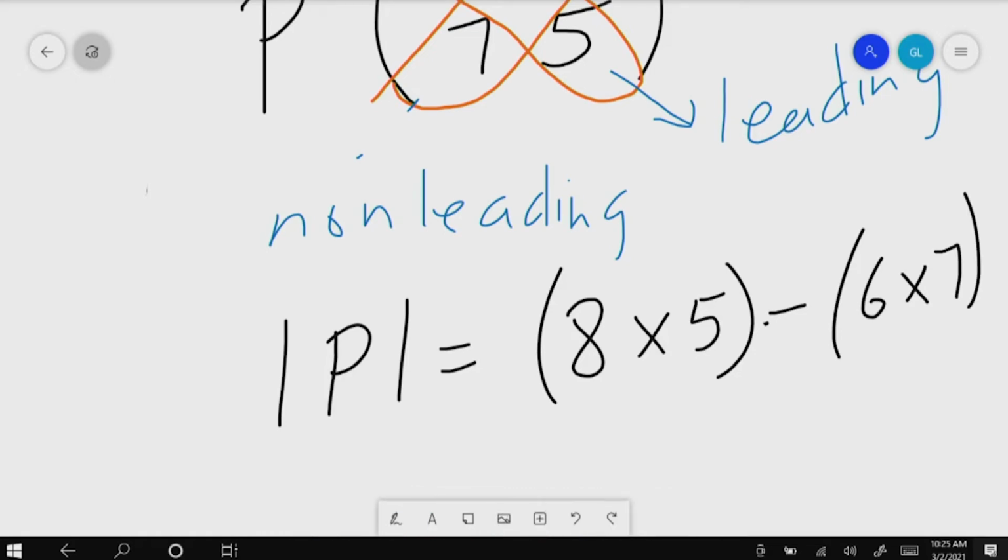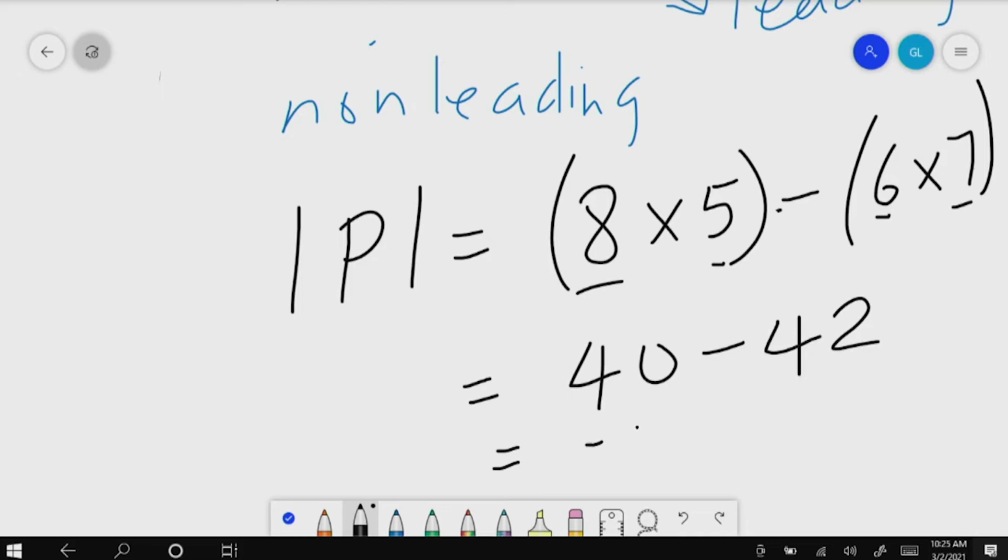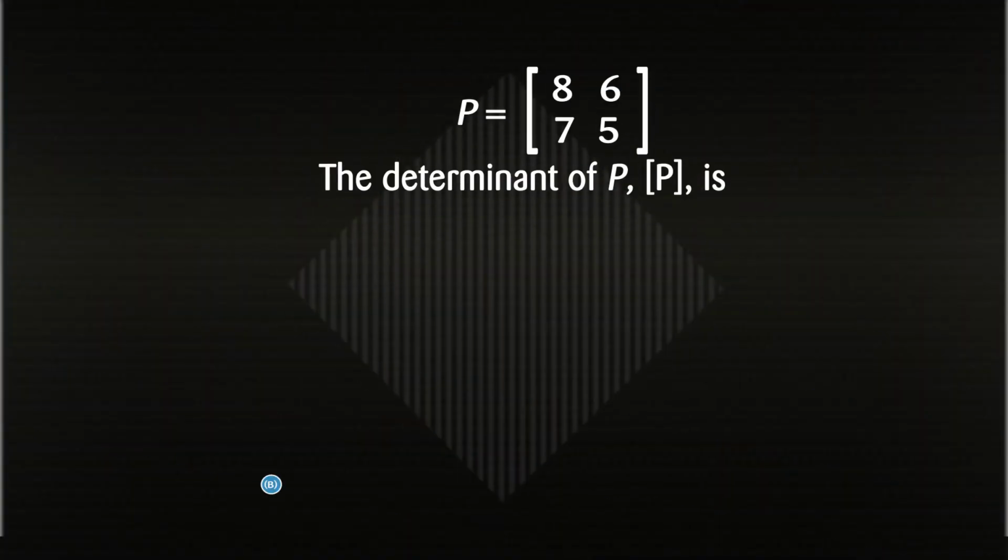So the modulus or the determinant of the matrix P would be 8 by 5, which is 40, minus 6 by 7, which is 42. So the determinant of this matrix would be minus 2. The solution would be B.